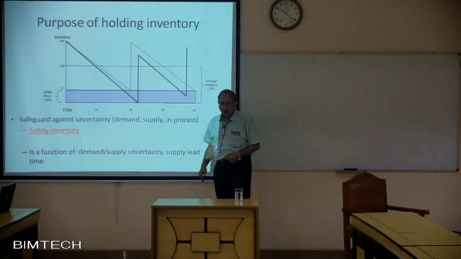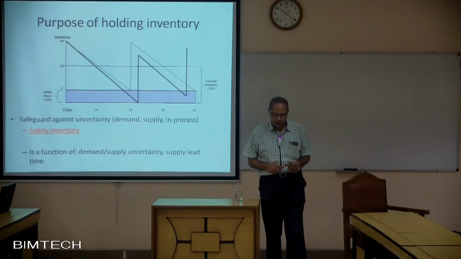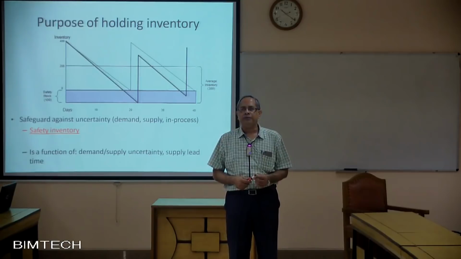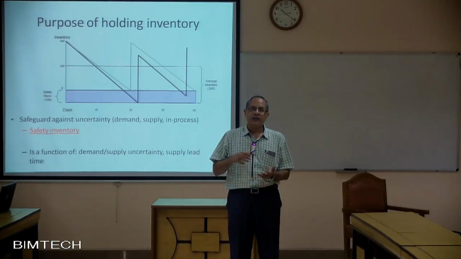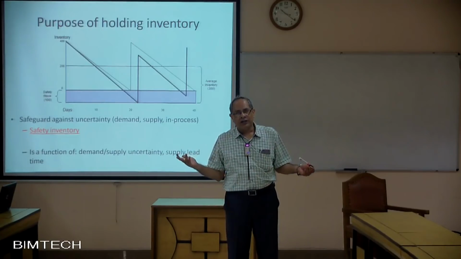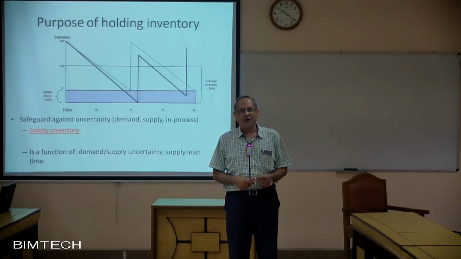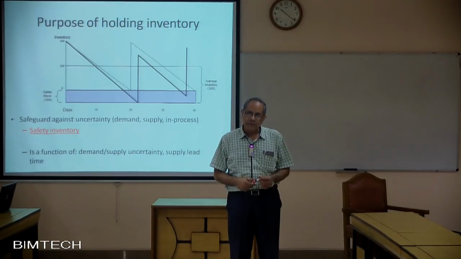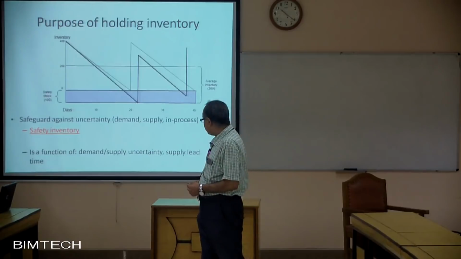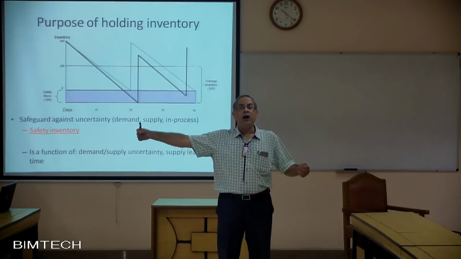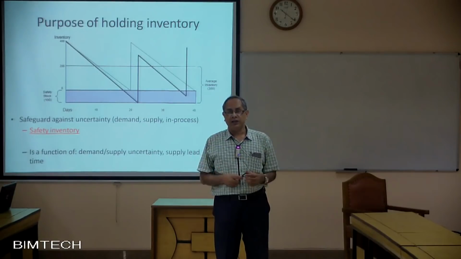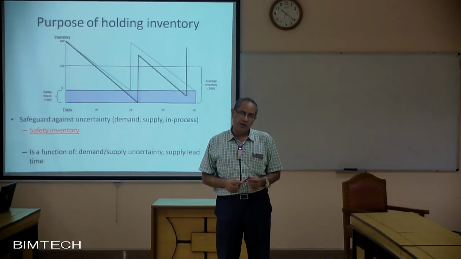One thing that we need to understand is what is the quantum of safety inventory that needs to be carried. Intuitively we will perhaps agree that the greater the uncertainty, the greater will be the quantum of safety inventory that you will carry. And also one more factor, which is the supply lead time. The longer the supply lead time, the greater will be the need for safety inventory.